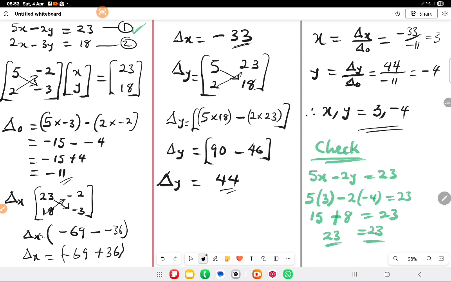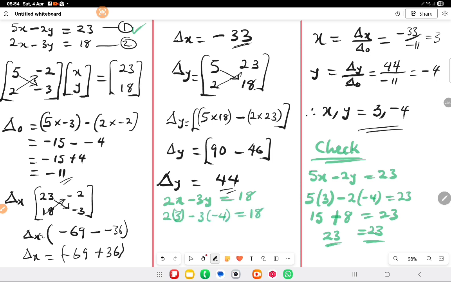Then we move further to check equation 2, which is 2x minus 3y equals 18. In place of x and y, we put the values 3 and minus 4: 2 times 3 minus 3 times minus 4.